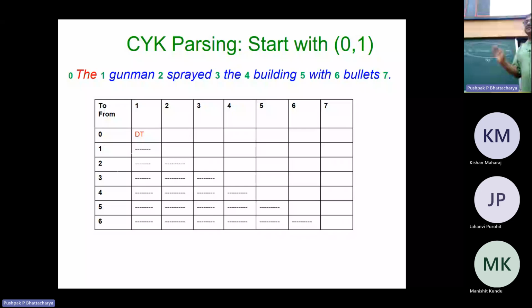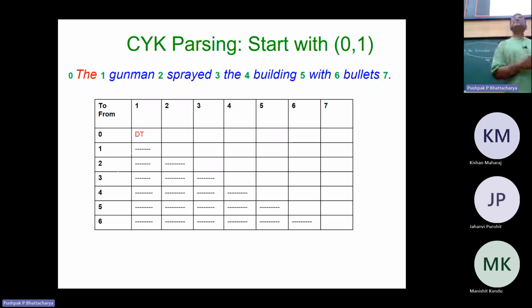Okay, and the indices are between words. Remember that. You may read papers or the textbook material where the indices are word indices. But in this case, the indices are between words, and I personally find these between-word indices much more helpful to discuss the algorithm and the concept.